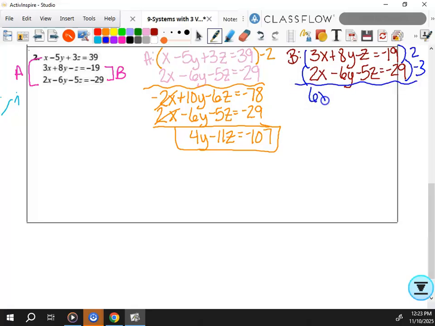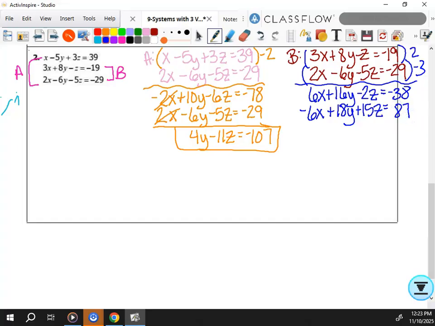So that gives me 6x plus 16y minus 2z is negative 38. Negative 6x plus 18y is 15z equals 87, I think.